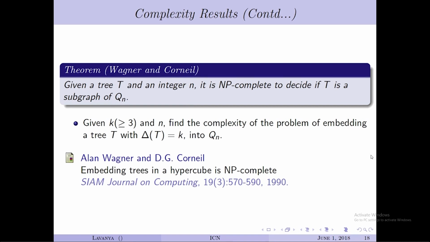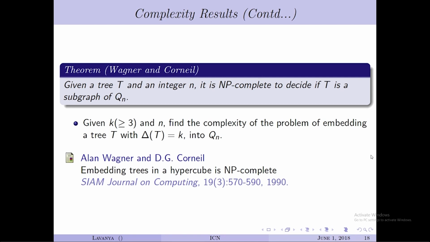So again they take all the credit, and they have shown this for k greater than or equal to 3, to find the complexity of embedding a tree with maximum degree k into Qn. People are still working in this direction when the maximum degree is 3.